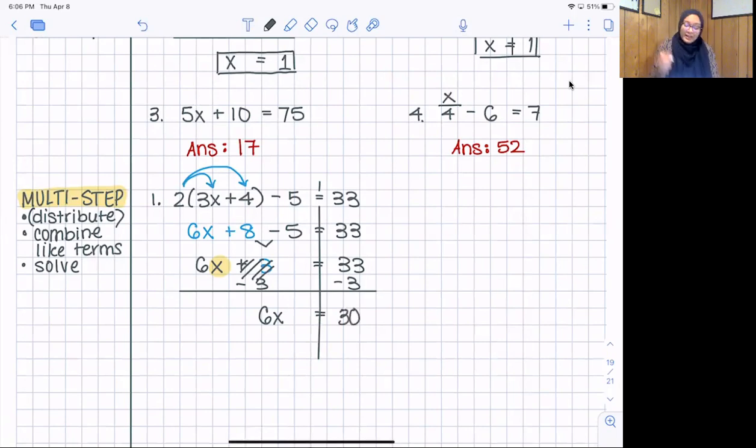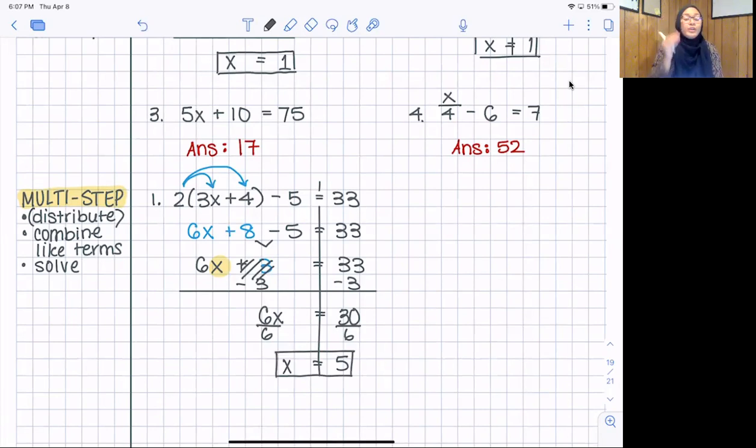And then finally, I need to divide by 6 on both sides because my x is still not alone. So then that gives me 6 divided by 6, which is 1. X equals 5, but that 1 is invisible. So my answer is x equals 5, okay?